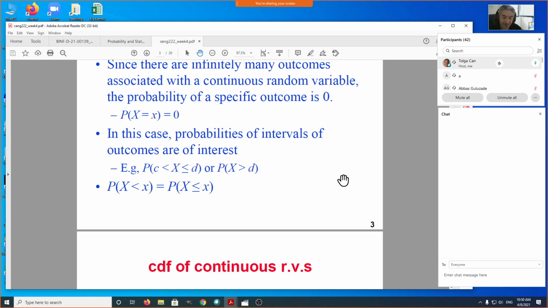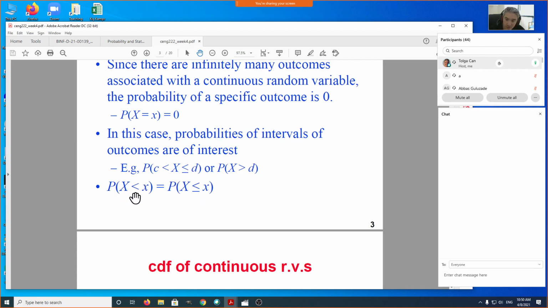It is just a line segment, a line. It has 0 area. It means that whether you have the equality symbol here or not doesn't matter in the case of continuous random variables. In the case of discrete variables, it's of utmost importance, because it changes probabilities in discrete random variables.